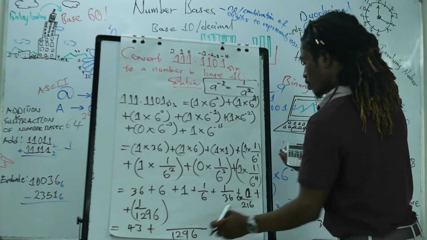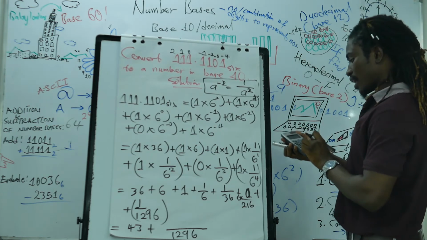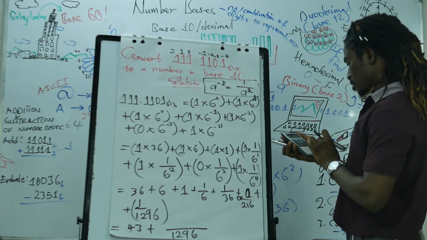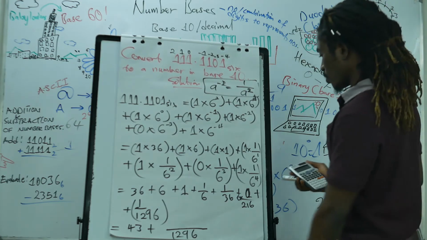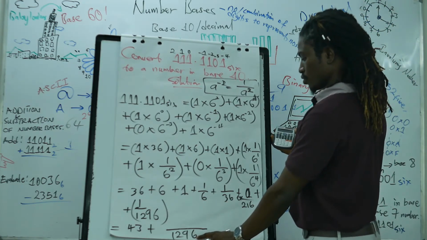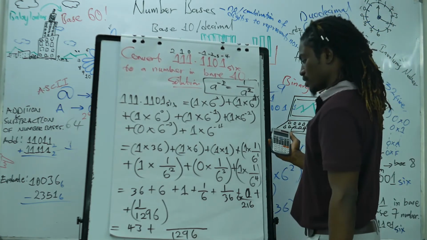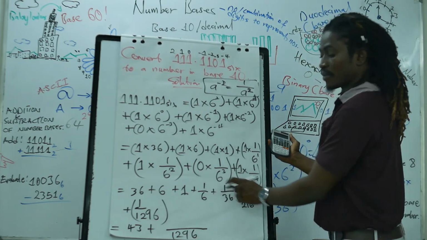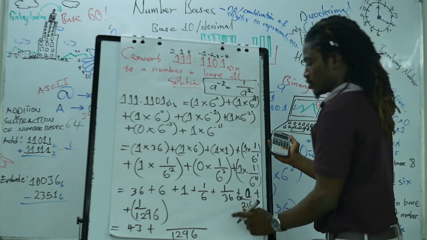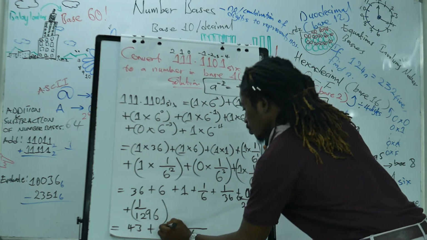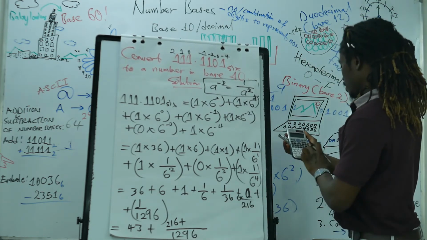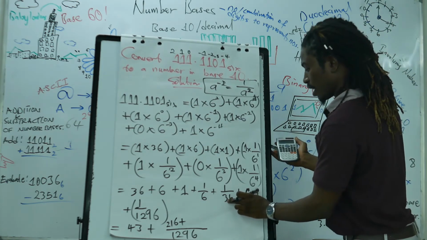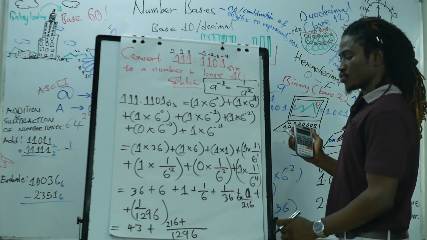1296 divided by 6 is going to be 216. Right? So how many times does 6 go into 1296? It's 216 times. 216 multiplied by 1, which is the numerator here, is going to be 216, plus 36. Again, how many times does this go into 1296?